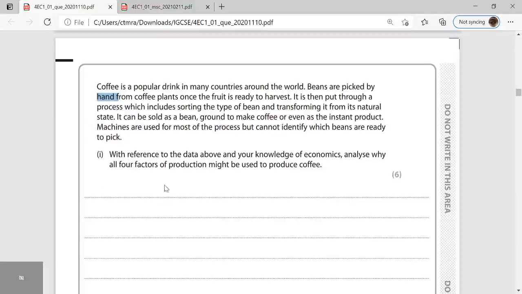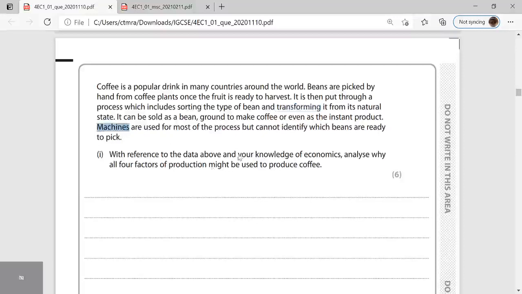Then it is put through a process which includes sorting the type of bean and transforming it from its natural state. When you're transforming them, you need machinery, and this machinery will be considered as capital. Then it can be sold as a bean, ground to make coffee, or even as an instant product.